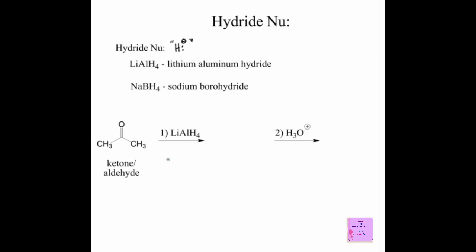So let's see an example. If we start with a ketone or an aldehyde, if we start with a carbonyl and we react with lithium aluminum hydride, this actually is often abbreviated LAH for lithium aluminum hydride. So in step one, if we react this with LAH, that gives us a source of H minus. This is one of those cases where really saying the name of the reagent and thinking about the name of the reagent is going to help us predict the product, because the name of the reactive species is part of the name.